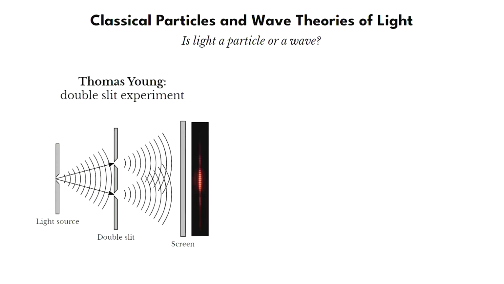One last defining moment was the double slit experiment by Thomas Young. This experiment showed that when you pass light through a double slit, you receive an interference pattern, which is the behavior of a wave.